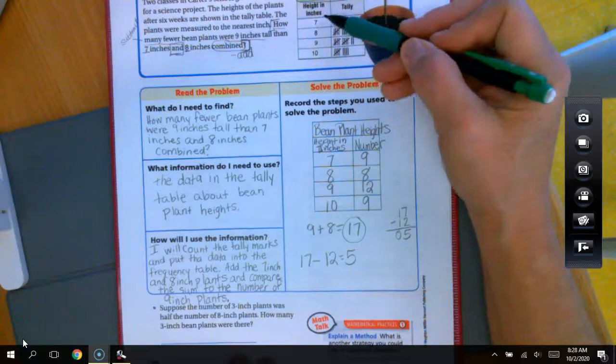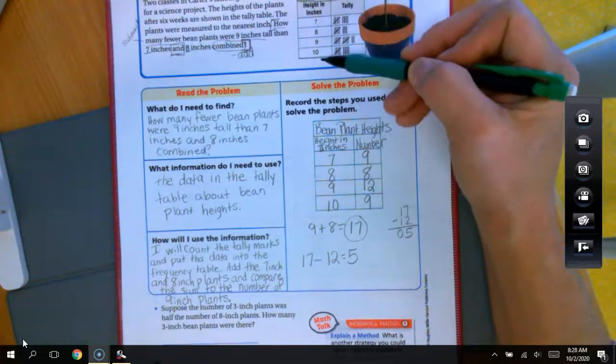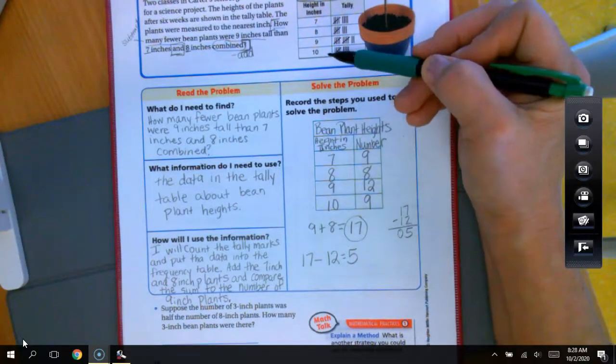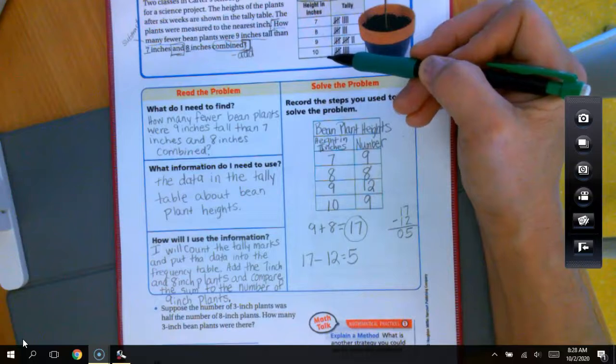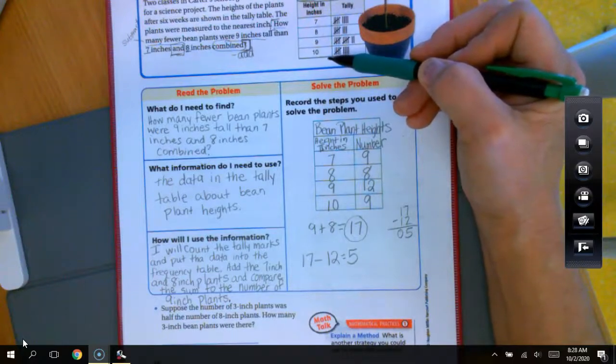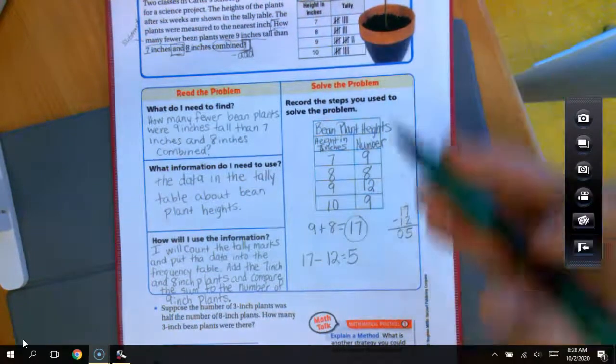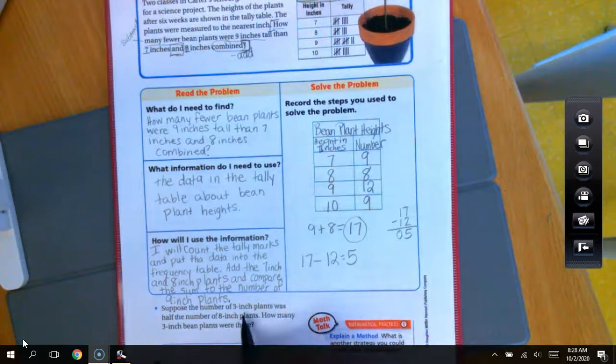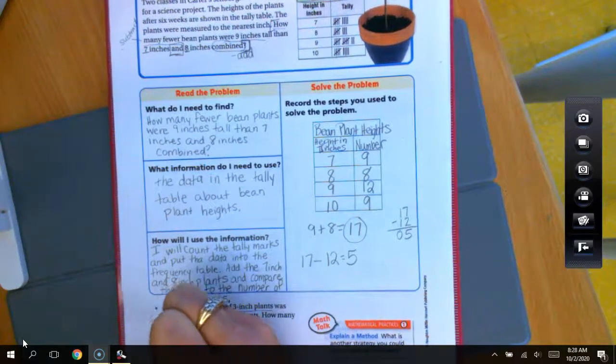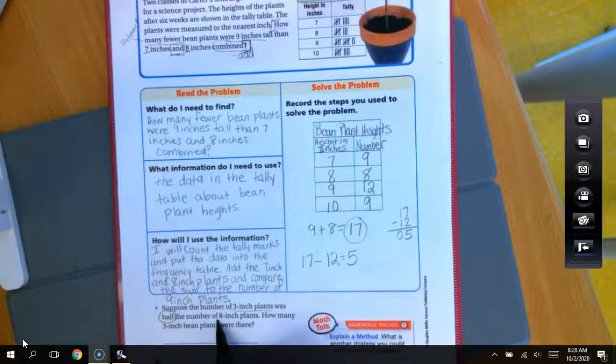I don't have any plants that are 3 inches, but it did give me information on how I can figure out how many there were. It says the number of 3-inch plants were half the number of 8-inch plants.